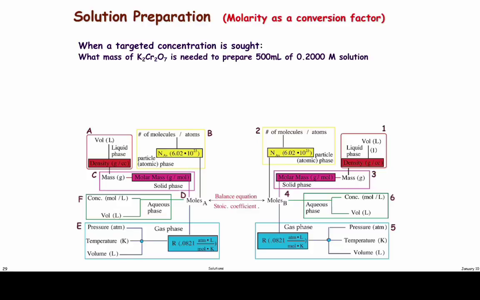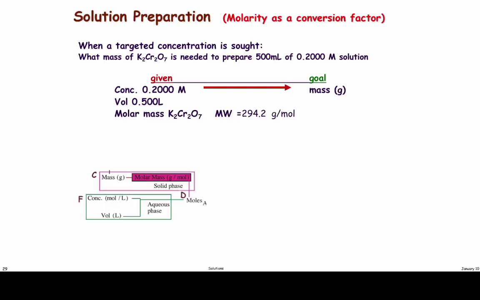Here again is a flowchart of how to do that, but basically what you're doing is you're taking the 0.200 moles per liter and you're using that to figure out how many moles in 0.5 liters. So if you know that there are 0.200 moles in 1 liter, how many moles are in 0.5 liters? Well, there's going to be half of that.